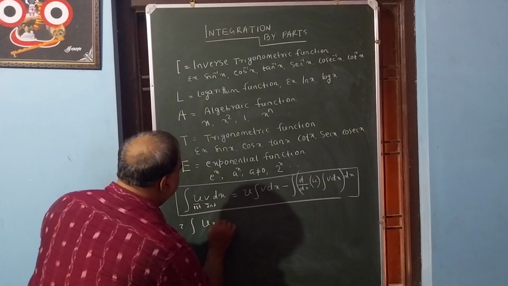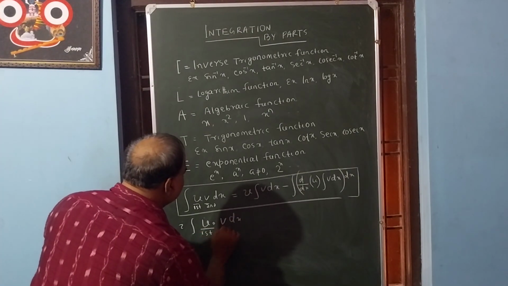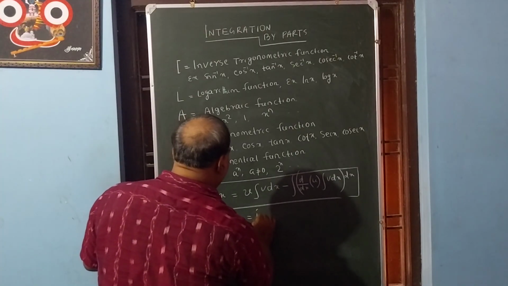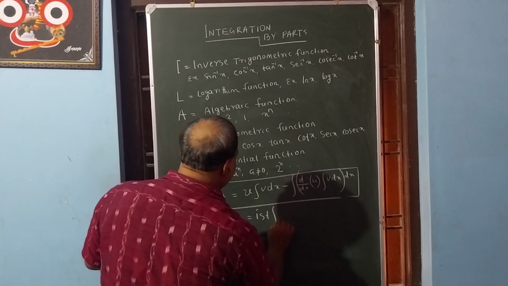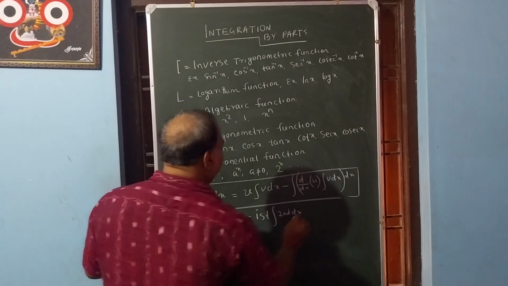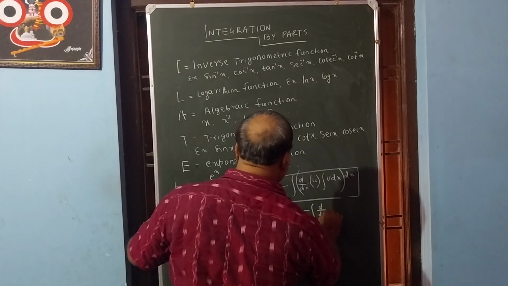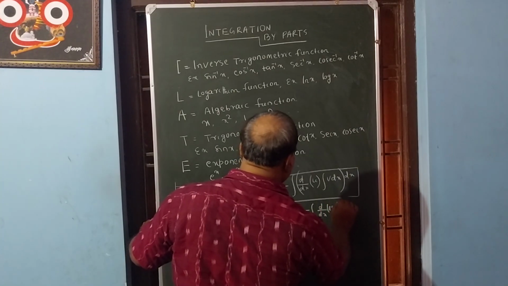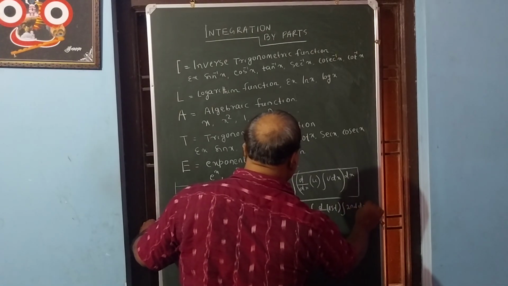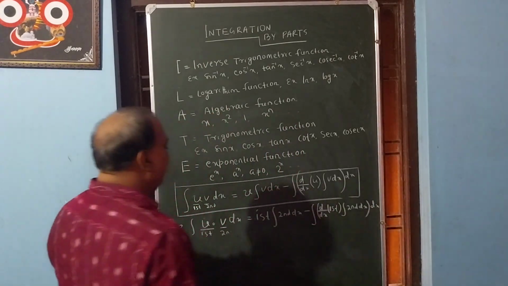So the value is first times integration of second dx, minus integration of derivative of first times integration of second dx, whole into dx. So this is the formula.